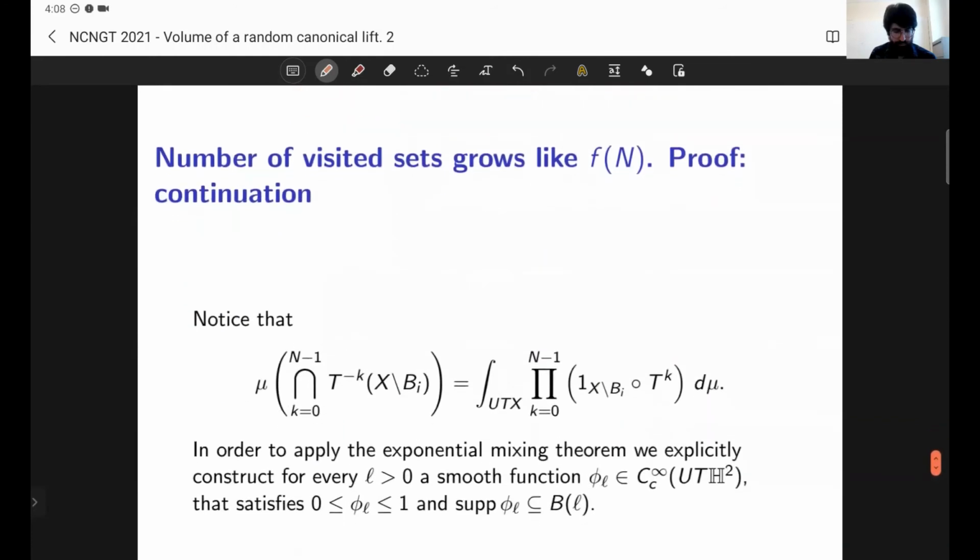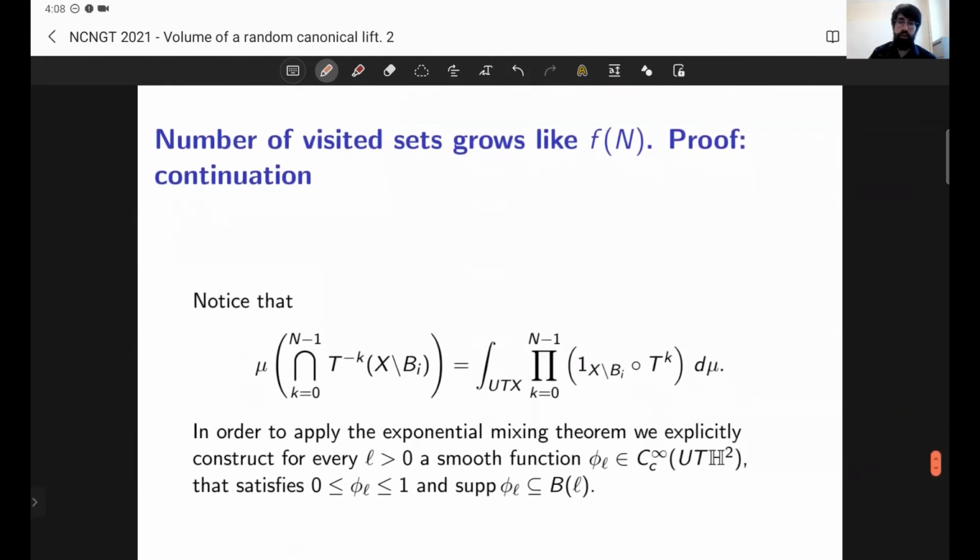First of all, in order to apply a mixing theorem, one has to approximate these probability measures, which are volumes, as integrals of sufficiently nice, smooth bump functions. And of course, one has to be very careful in these approximations.